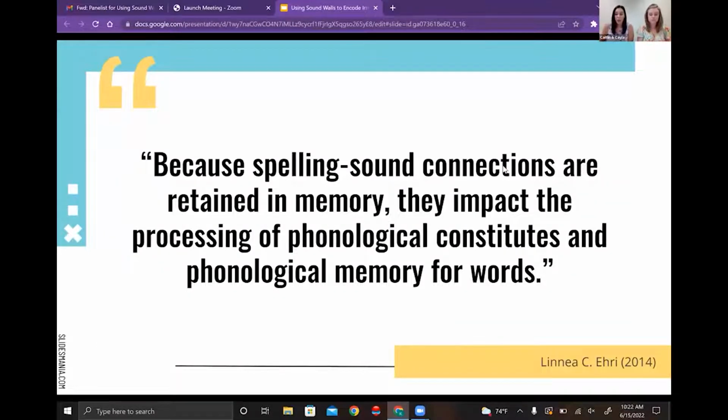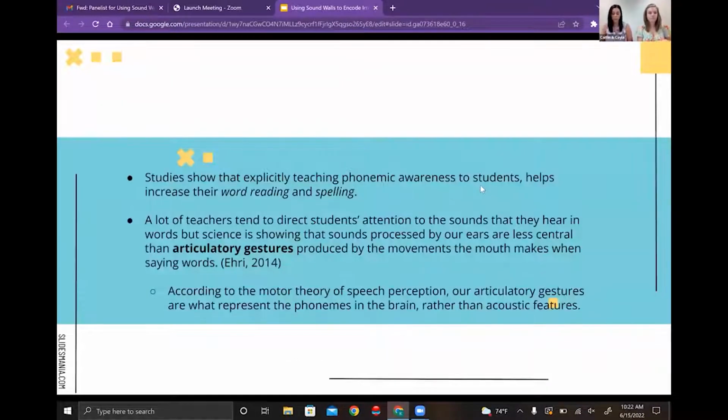Another quote from Dr. Ehri is that because spelling-sound connections are retained in memory, they impact the processing of phonological constituents and phonological memory for words. Studies have shown that explicitly teaching phonemic awareness concepts helps students to increase their word reading and spelling.